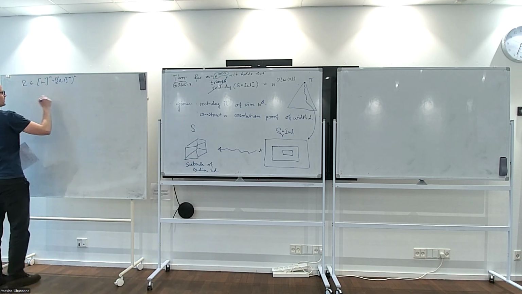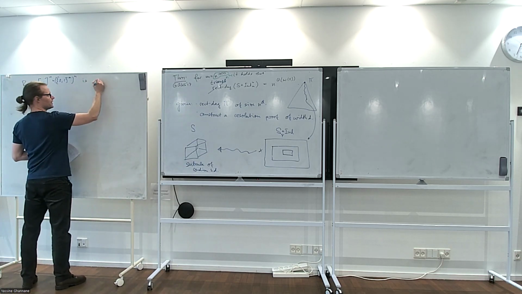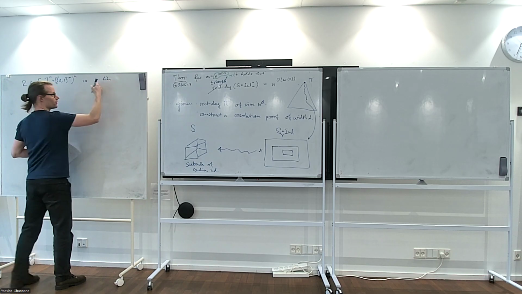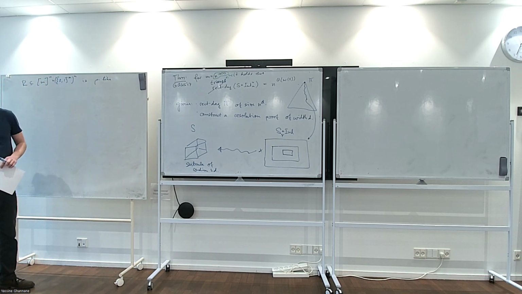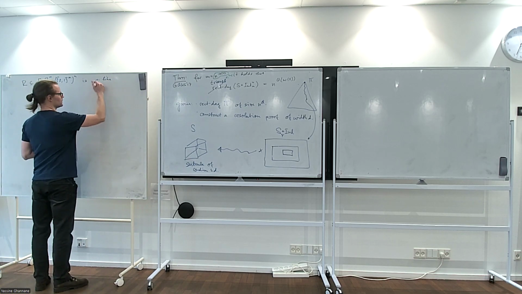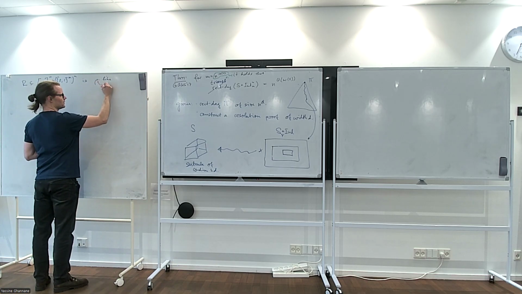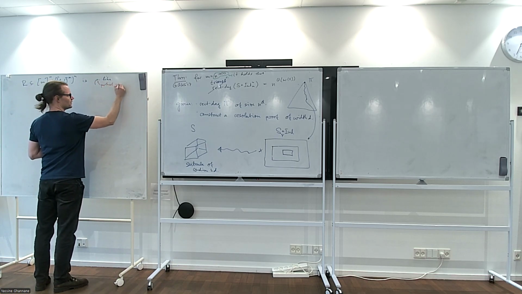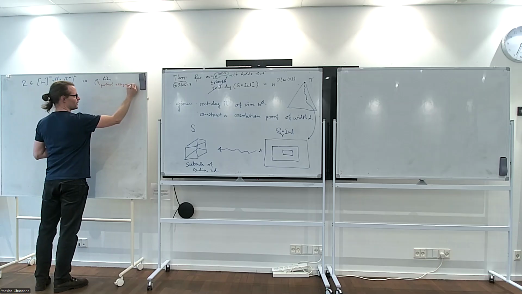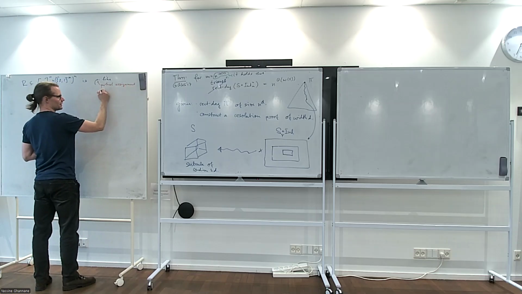We're going to say that R is row-like if the following happens, where ρ is a partial assignment. This is a partial assignment on the unlifted variables, so on the left side, unlifted.